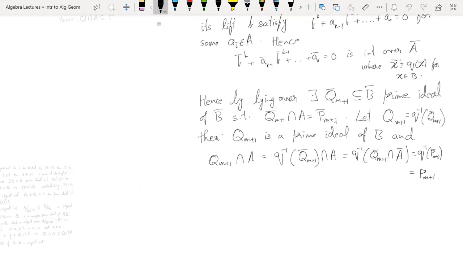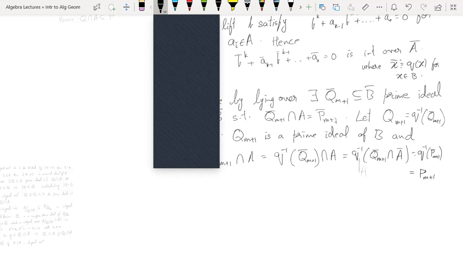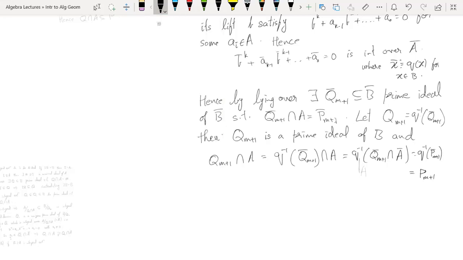Okay. So in here, Q inverse restricted to A bar, A one should say, because you are just intersecting with A bar now.